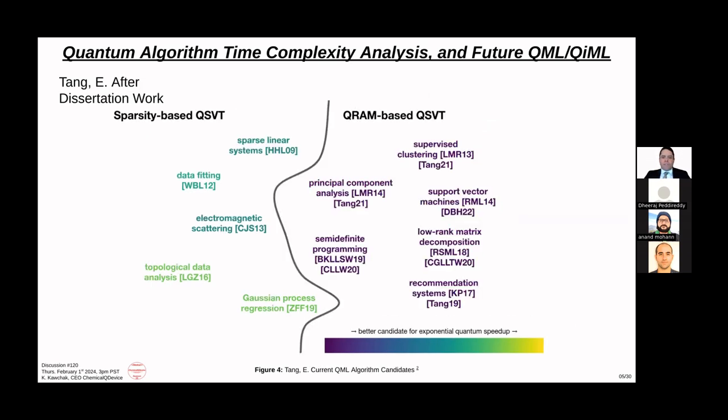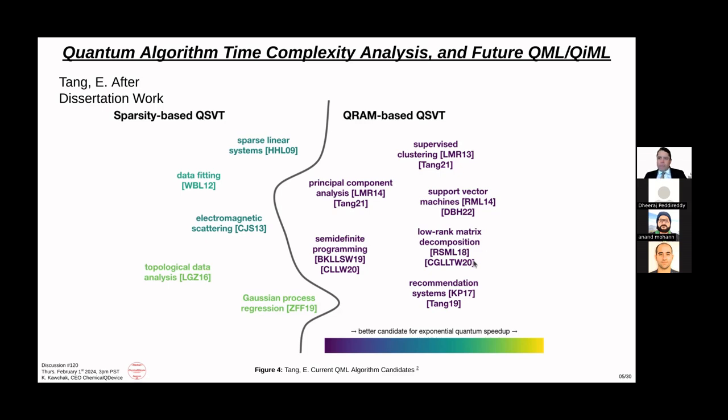And this is after the dissertation work. So after finding out that you could dequantize algorithms, very famous algorithms like HHL, these types of things, on the right you'll see support vector machines, very common, support clustering. So these are the things that we can use in QiML now in a dequantized version.